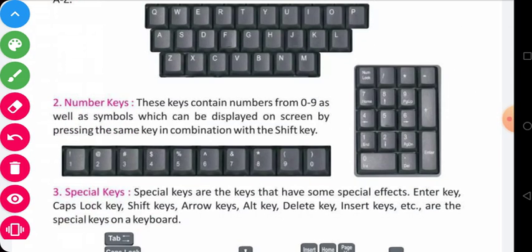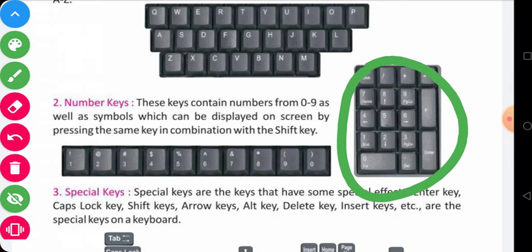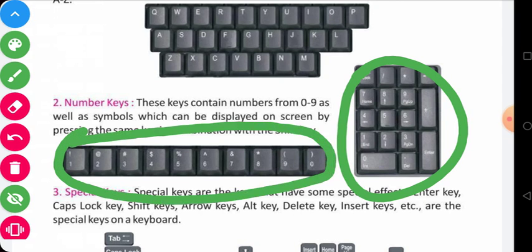As you can see, number keys are represented by the digits 0 to 9. You can see on the right side of it, the number keys are present. Also there is a horizontal row of keys present in the upper part of the keyboard, which looks like this. As you can see on these number keys, there are special character symbols also present.